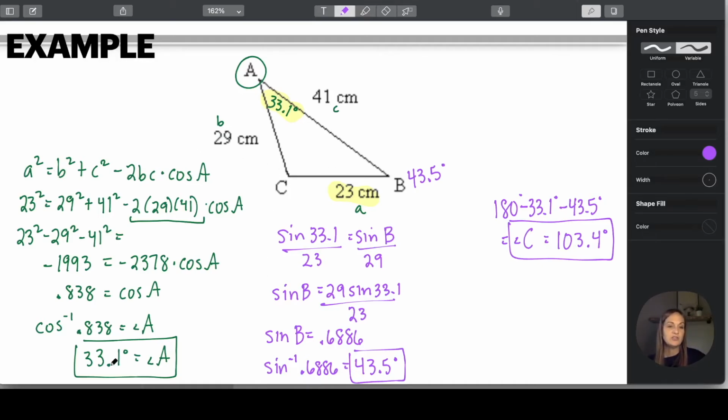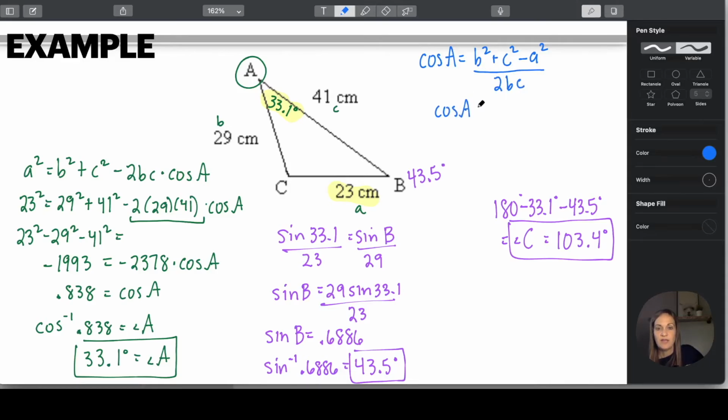Now, I showed you the long way of being able to solve for A. If you remember the formula that already has it solved for, then it would be cosine of A equals B squared plus C squared minus A squared over 2BC.